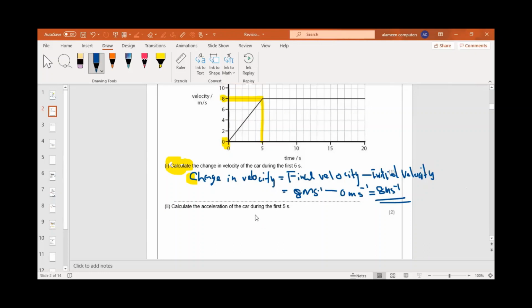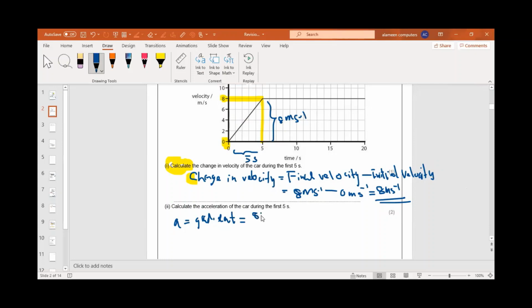Calculate the acceleration of the car during the first 5 seconds. So you can use the gradient. Acceleration is equal to the gradient. Again, rise divided by the run. Rise is 8 meters per second. Run is 5 seconds.